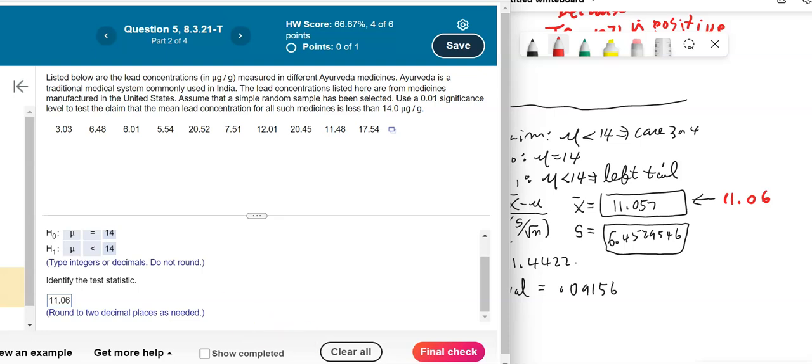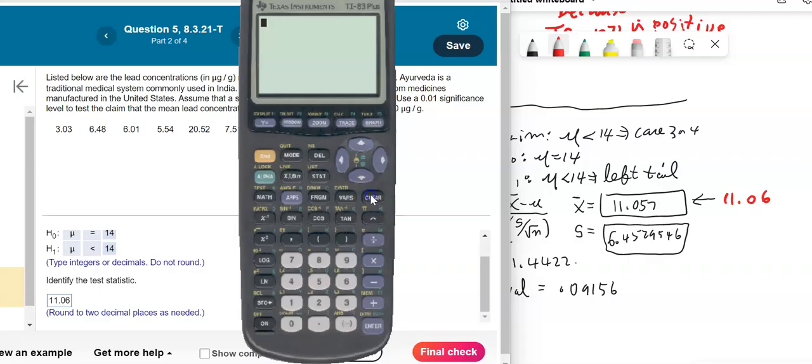Let me do it. I don't think I'm going to get a different answer. 11.057 minus 14, hit enter, divide by, parenthesis, s is 6.4529546, divide by square root of 10, close. Negative 1.4422.